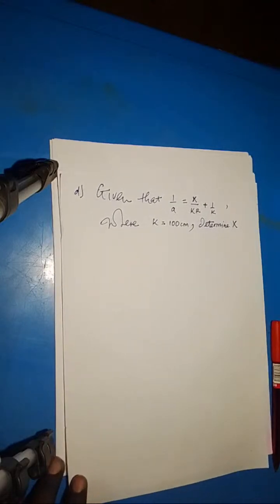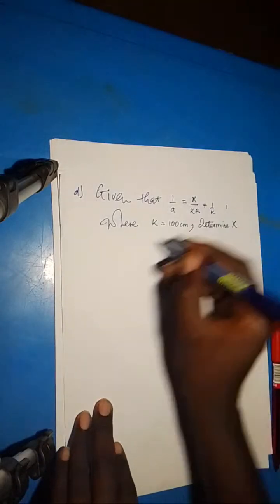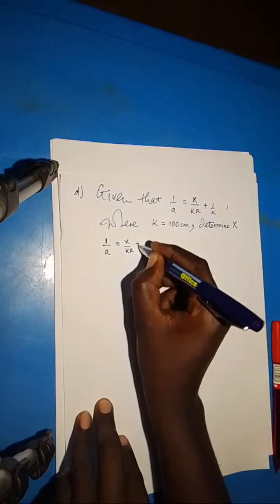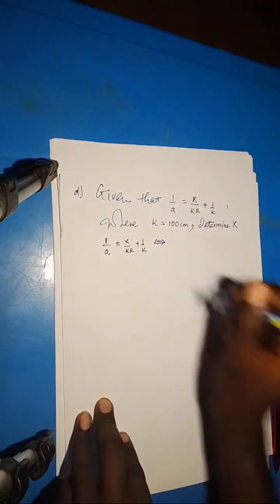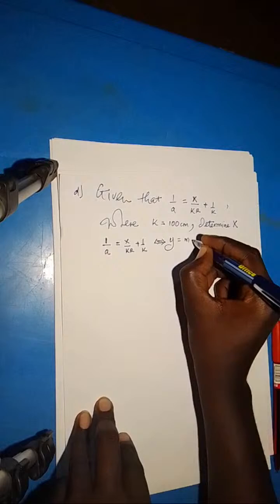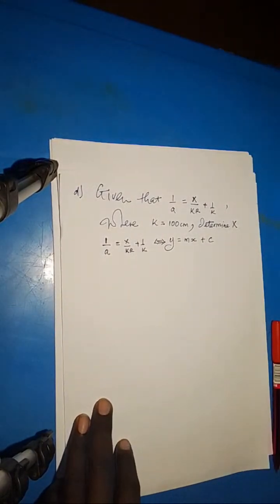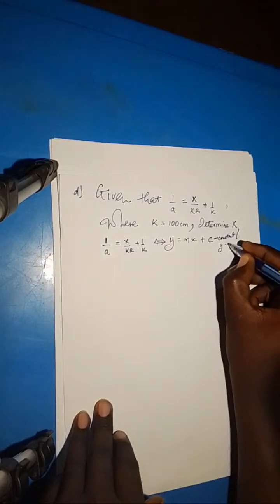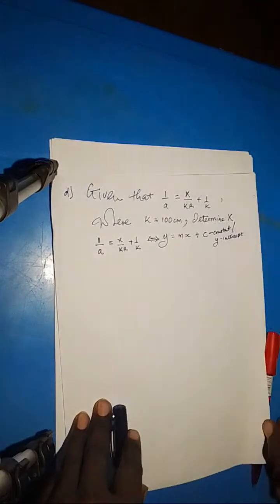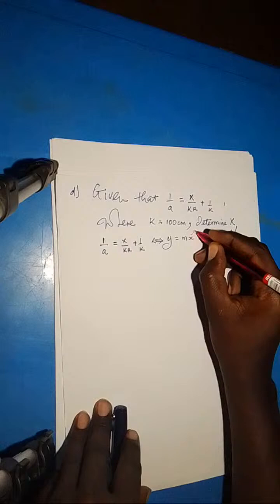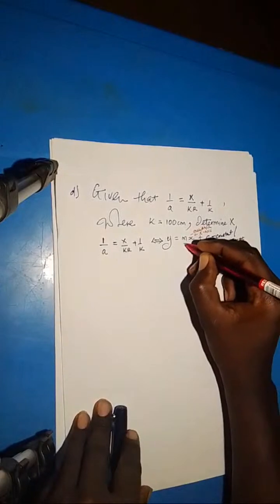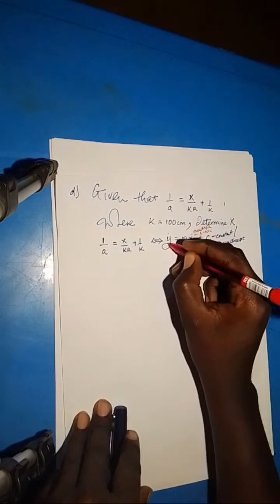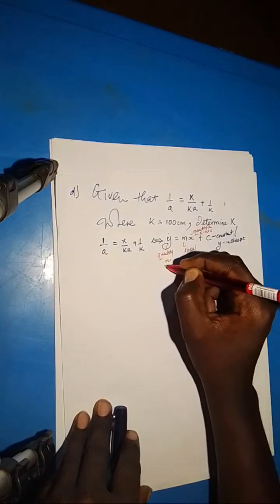This one is like telling you we should match this equation 1 over a is equals to x over kr plus 1 over k to match the equation of a straight line, that is y is equals to mx plus c, where our c is the constant or the y-intercept, x is quantity on x-axis, our m is the slope or the gradient, then our y is the quantity on y-axis.